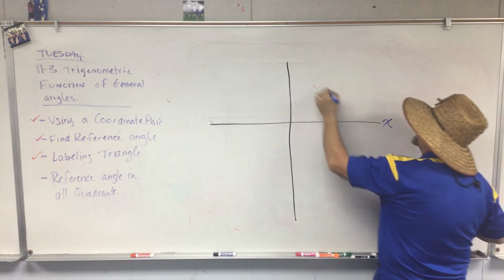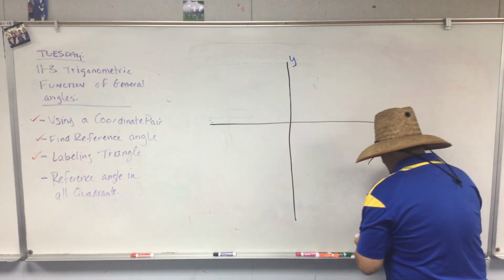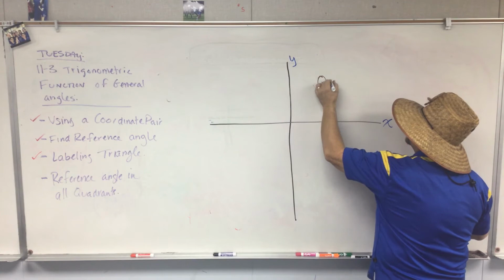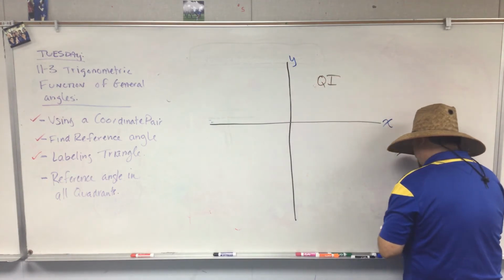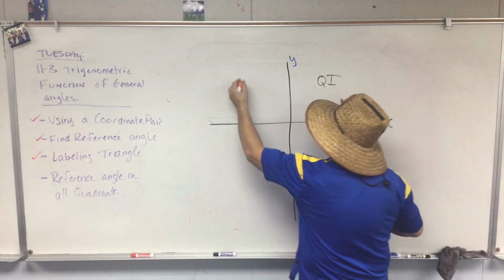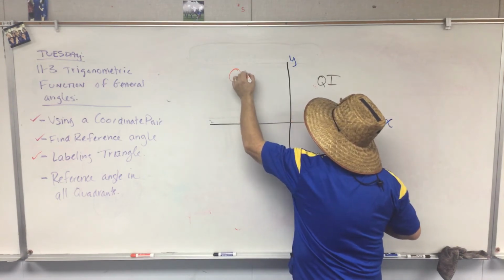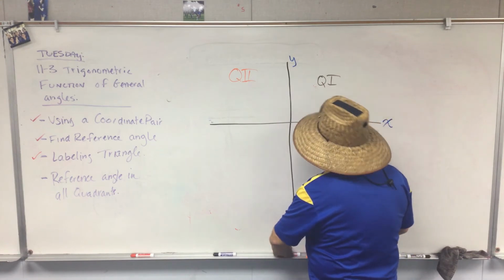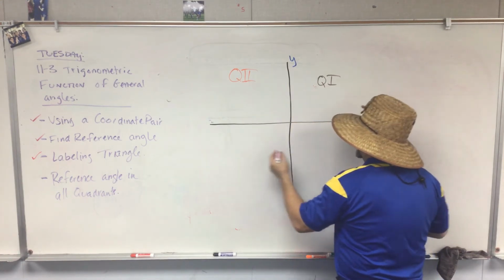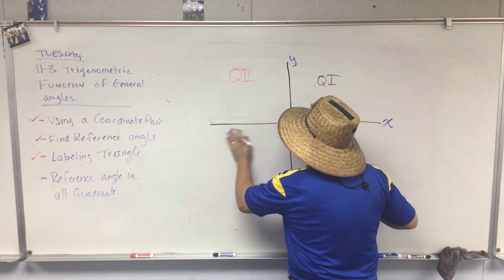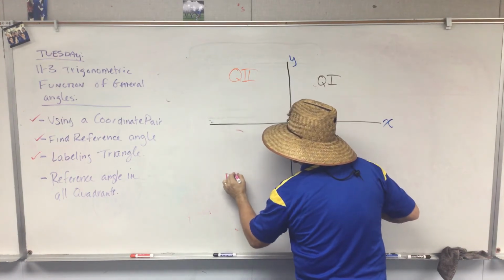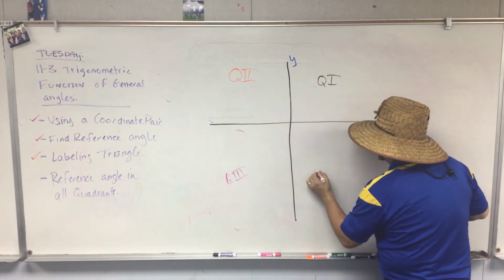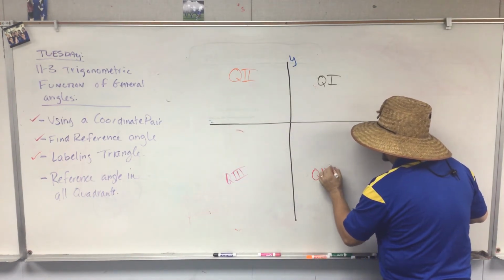We have our x, we have our y, and we know we're quadrant 1, so that's quadrant 1, quadrant 2, quadrant 3, and then our last one is quadrant 4.